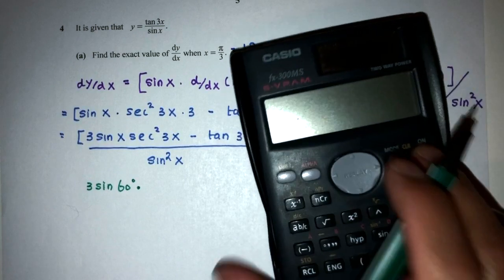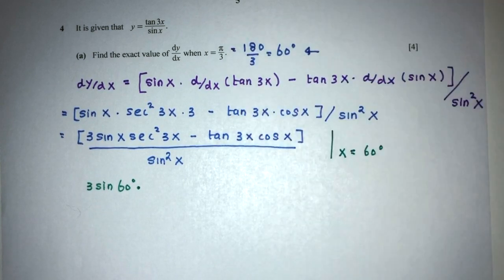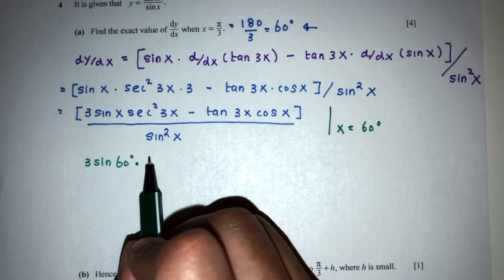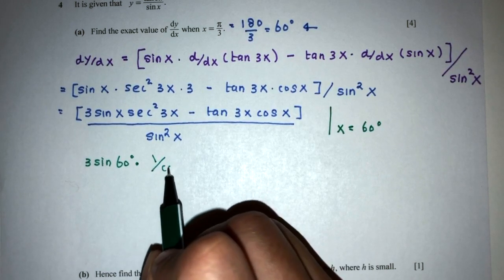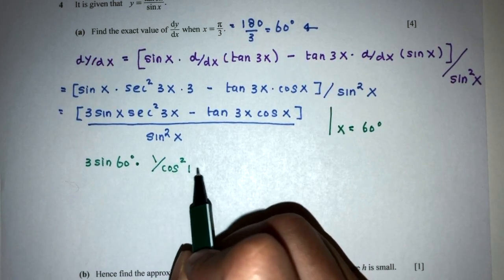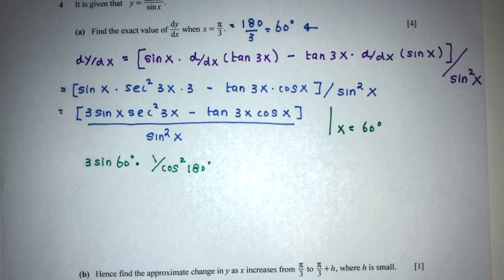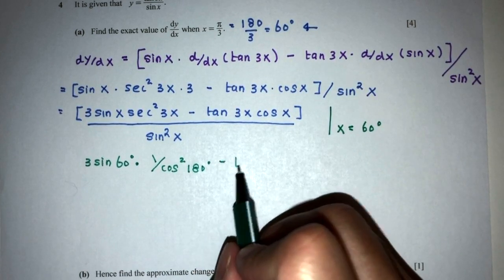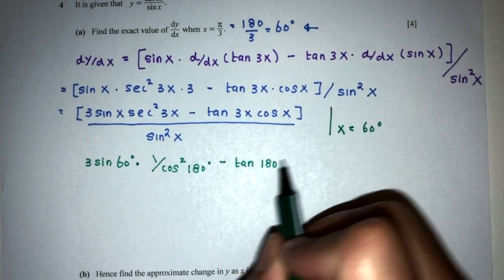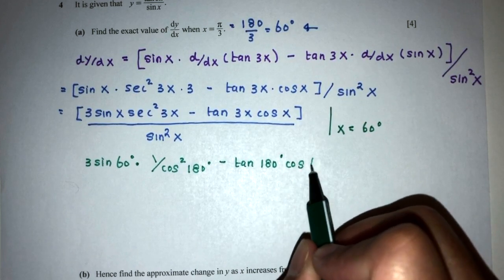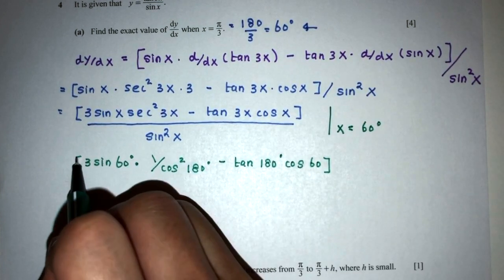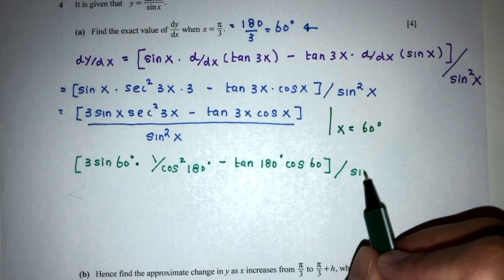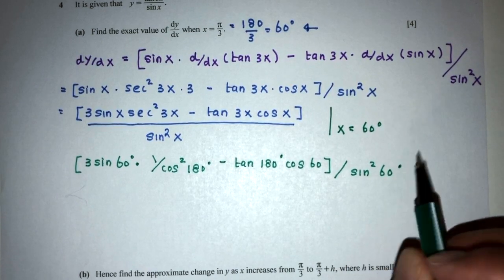So what is 3x? 3 times 60, that will be 180. Now what is sec squared? It is 1 over cos squared 180, right? If that makes sense. Now minus tan of 180, and cos of 60, with everything divided by sine squared of 60 degrees.